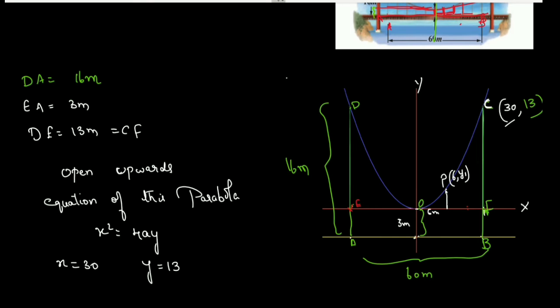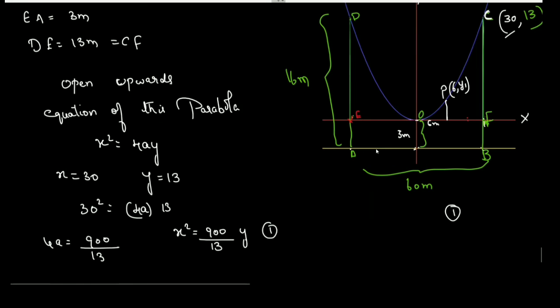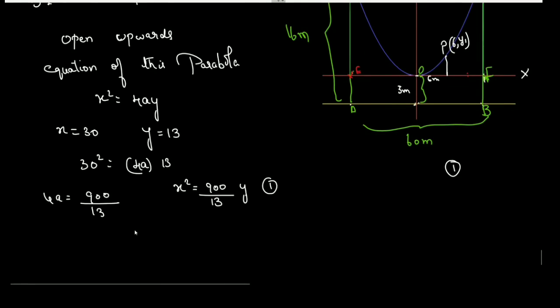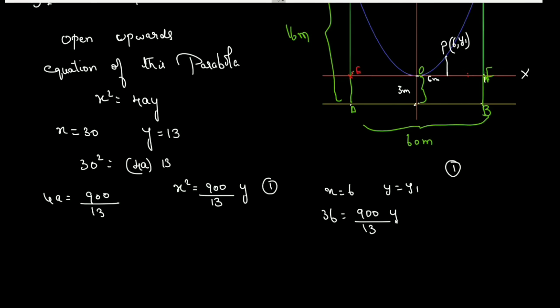The point P is also on this parabola. So substitute x is equal to 6 and y is equal to y1. Put x as 6, it becomes 36 is equal to 900 by 13 y1.